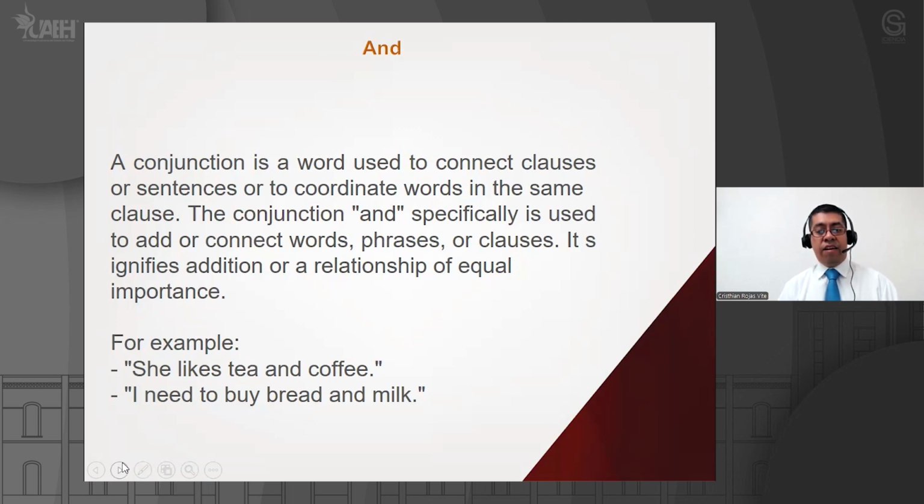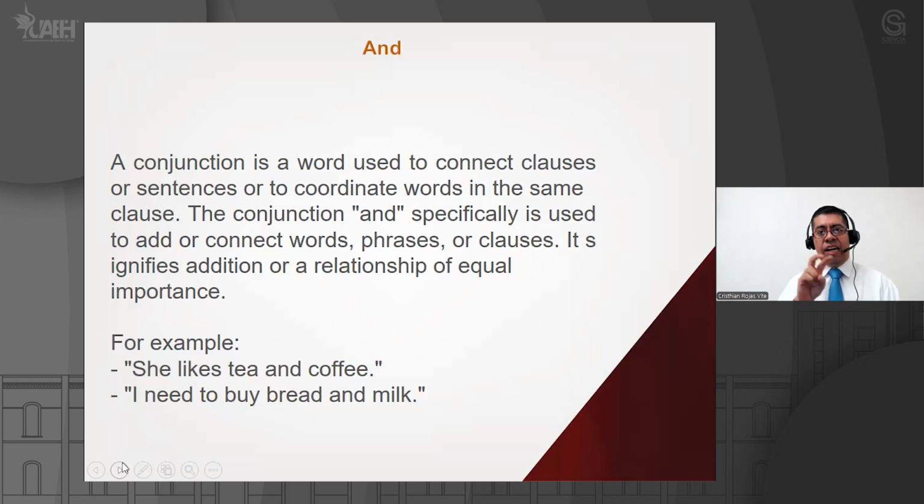It signifies addition or a relationship of equal importance. For example, she likes tea and coffee. So right here in this example, we have two elements, and we are joining these two elements with the conjunction and.